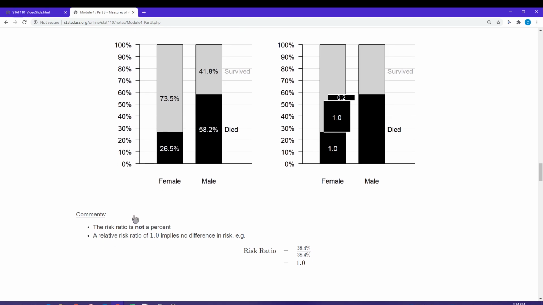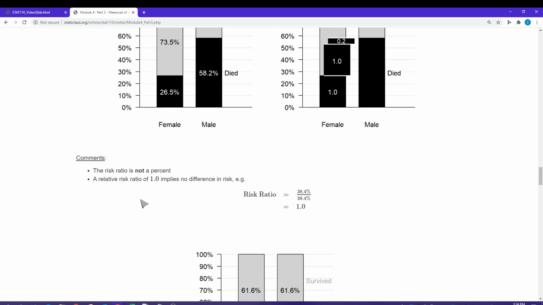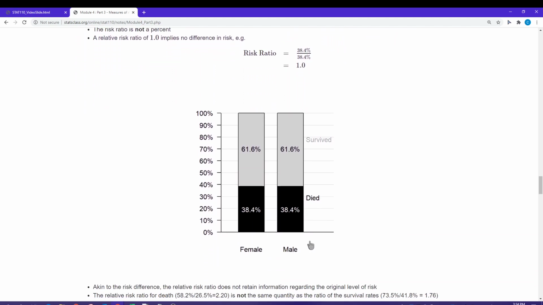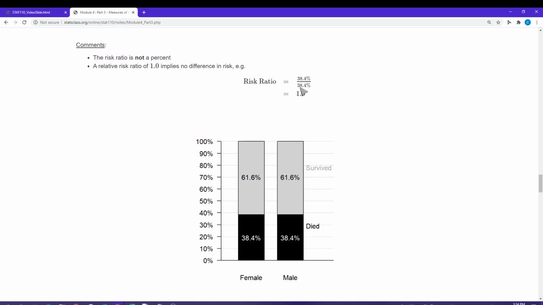As I said above, the risk ratio is not a percent. The ratio is a unitless measure. A relative risk ratio of 1 implies that there's no difference in the risk. So, for example, if it was 38.4 on the male and 38.4 on the female, when I look at the ratio there, it's going to be 1.